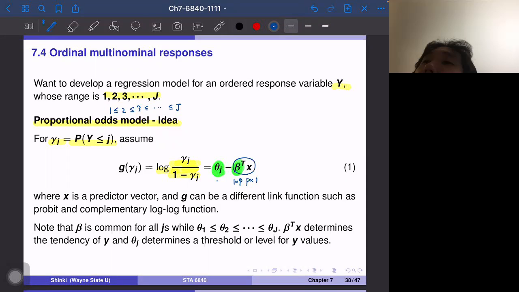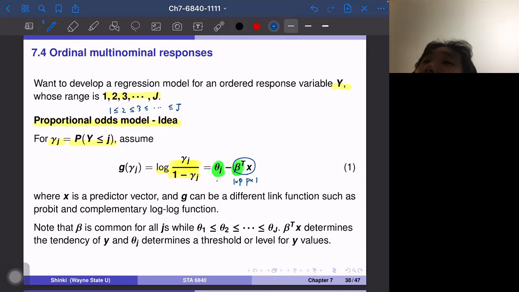Then for economic indicators, we have some general important variables such as unemployment rate or inflation rate. If we take a linear combination of those variables, then that is a good indicator. So that is beta transposed x.